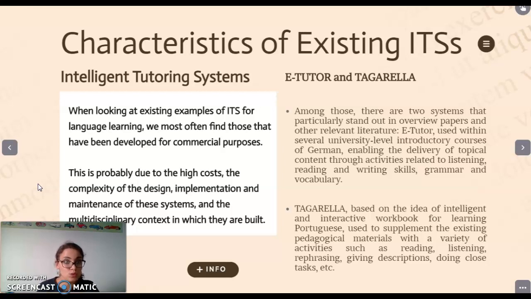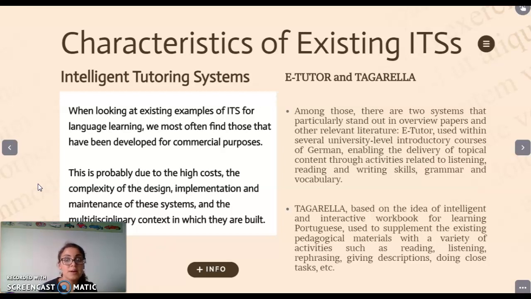There are two ITSs that are very interesting. The first one is eTutor, and the second one is Tagarela. I don't know if I pronounced them well, like my English. eTutor is used with several university level introductory courses of German, enabling the delivery of topical content and activities related to listening, reading and writing skills, grammar and vocabulary.